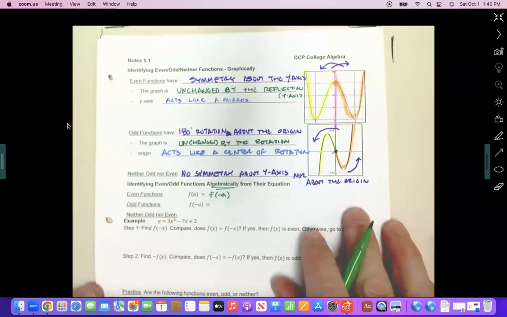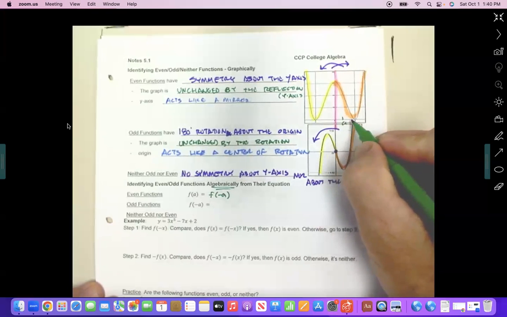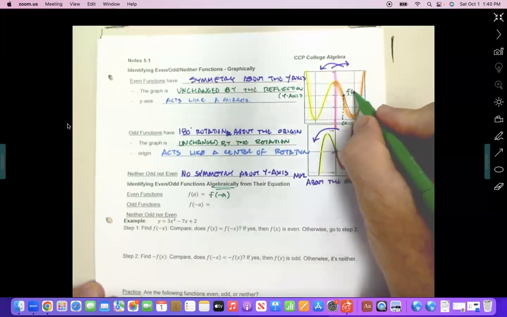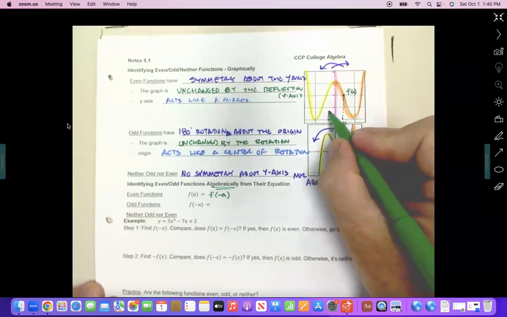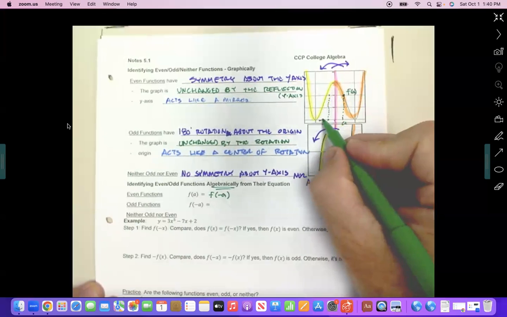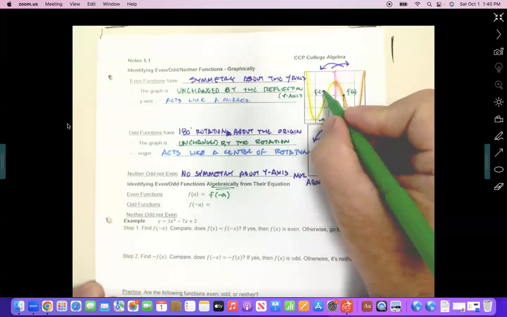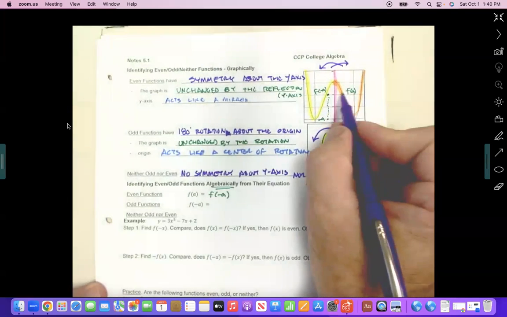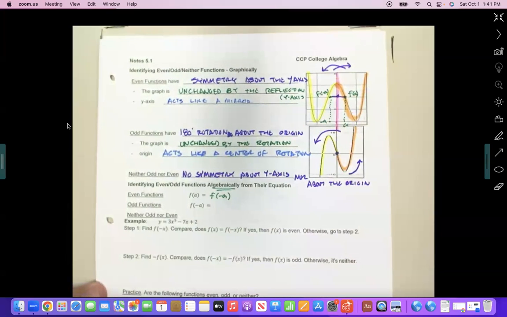You can see from our graph up here, it would be like choosing this a value, substituting into the function, and we would get f of a, and then flip over to the negative side and enter in negative a, and we'll get f of negative a. Both of these will give us the exact same y value, no matter what we choose for a.